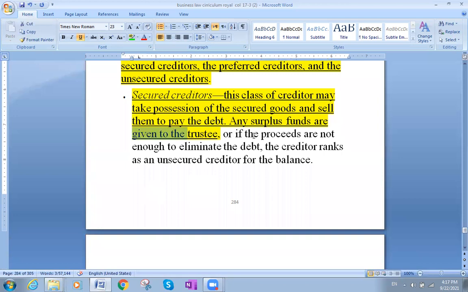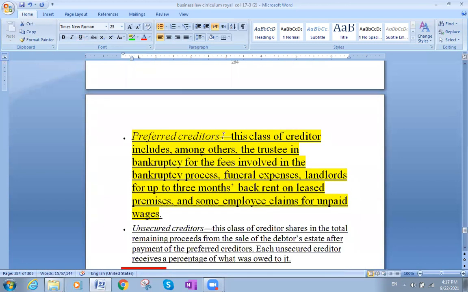If the proceeds are not enough to eliminate the debt, the creditor ranks as an unsecured creditor for the balance. The second kind of creditors we call preferred creditors.